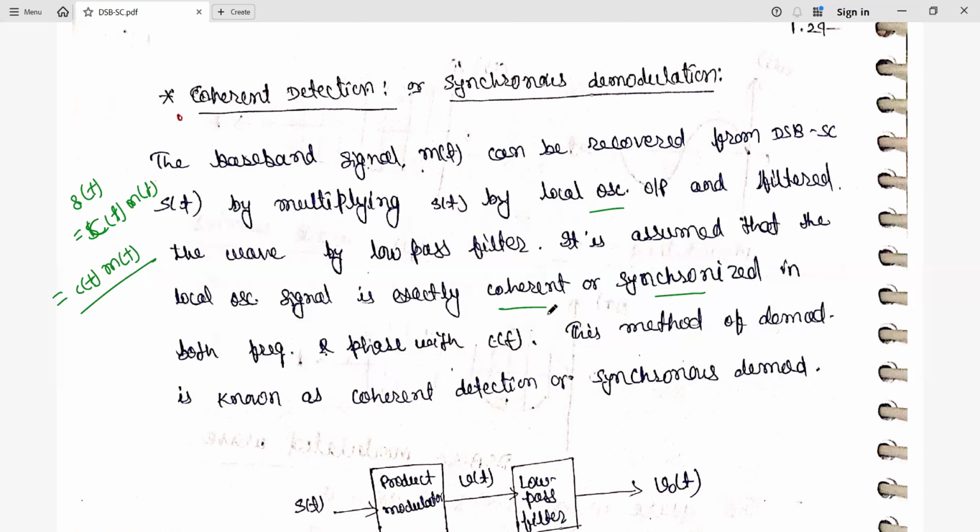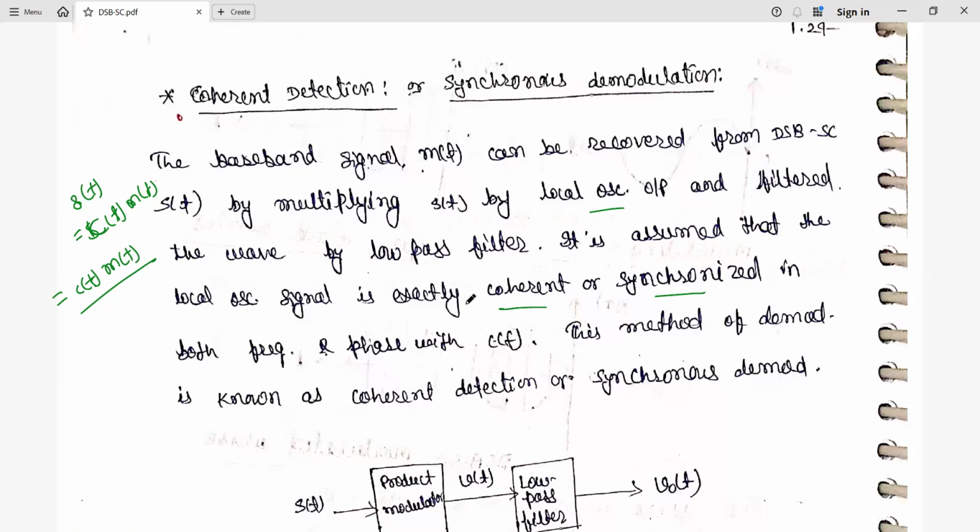So that's why its name is also given as coherent detection or synchronized demodulation, due to synchronization between the local oscillator signal in the transmitter as well as the receiver. Since we need to obtain only the message signal, the unwanted signals may have high frequency.